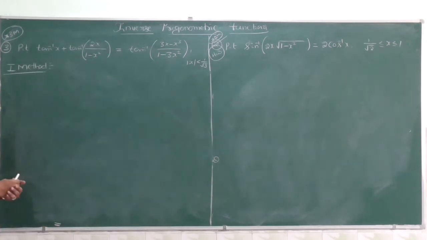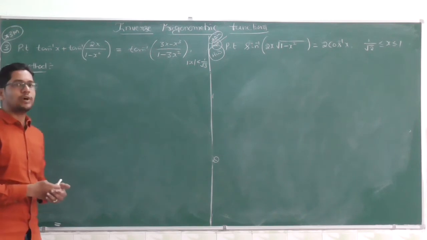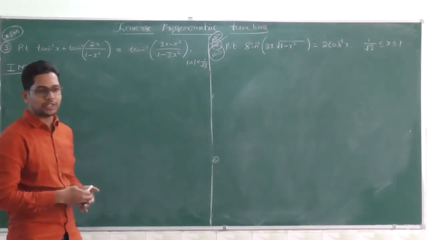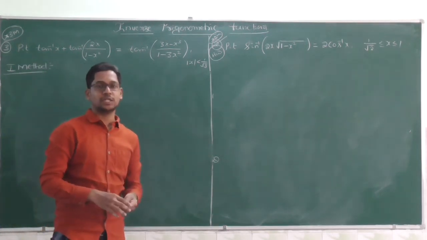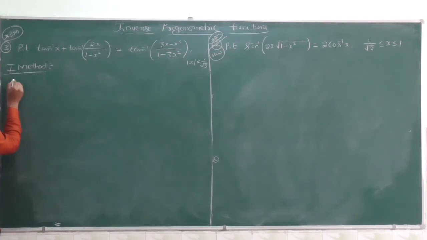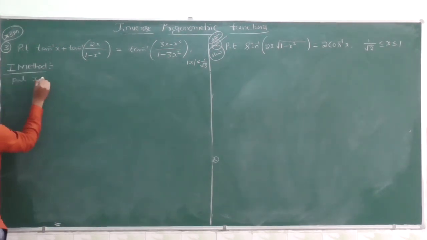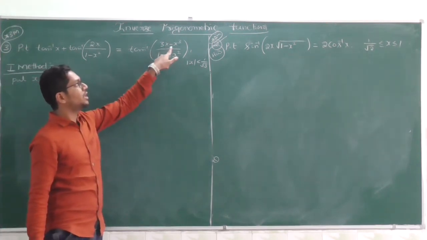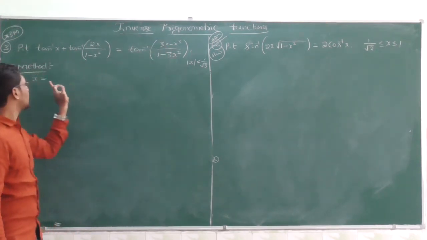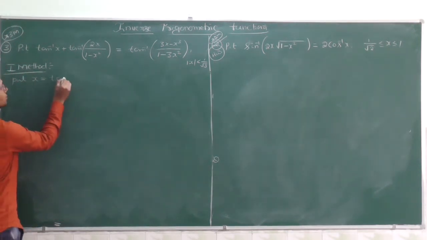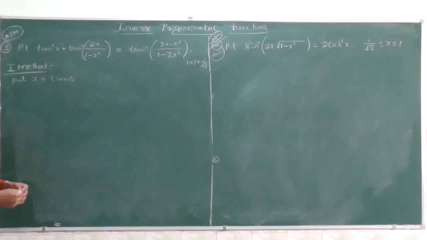First method. In our previous problem, we put x equals sin theta, and in the properties we put x equals tan theta. So here also we will take the substitution method. I will take the RHS part and put x equals tan theta.